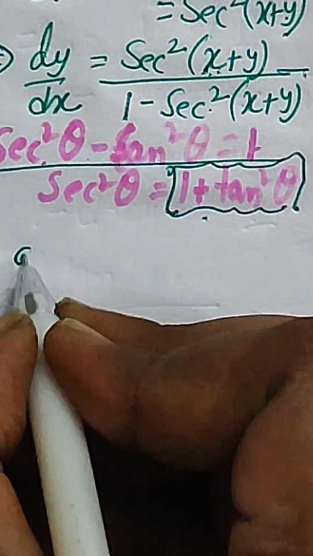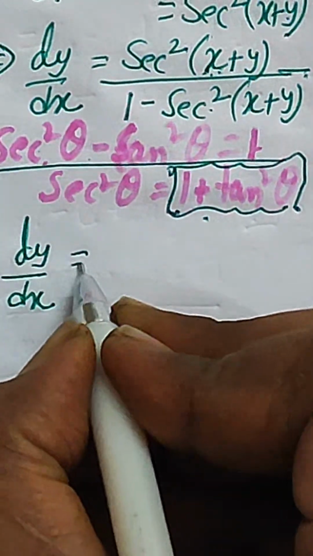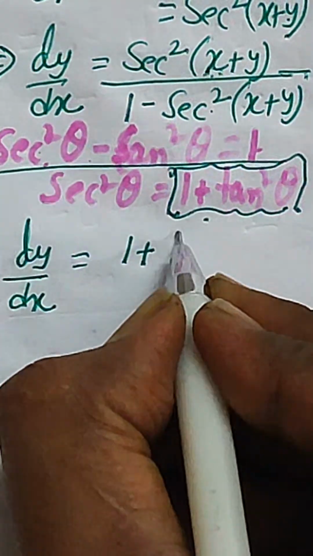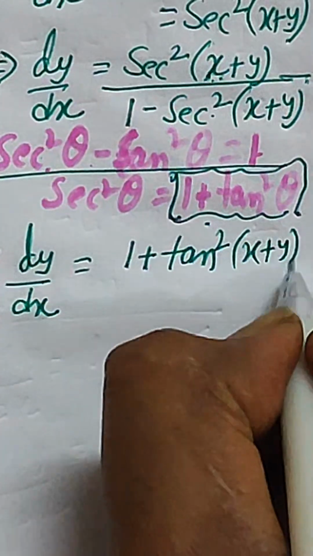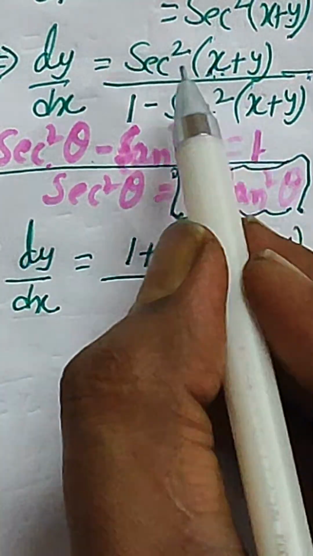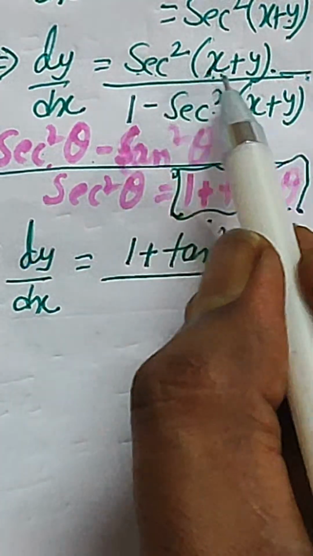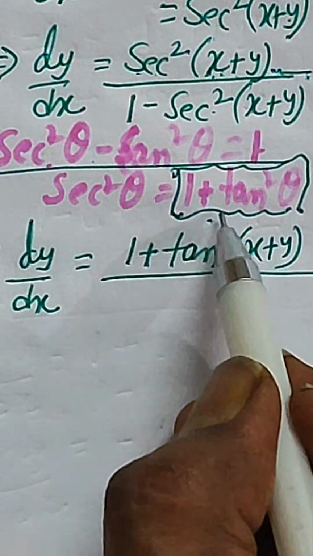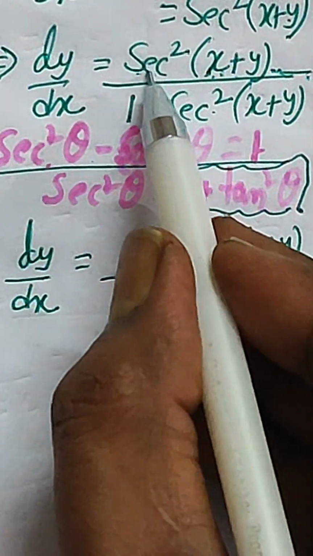we can write dy by dx can be further simplified as 1 plus tan square x plus y, because here into the numerator we have sec square x plus y, right, and sec square x plus y can be written as 1 plus tan square x plus y. So we have just simplified it.